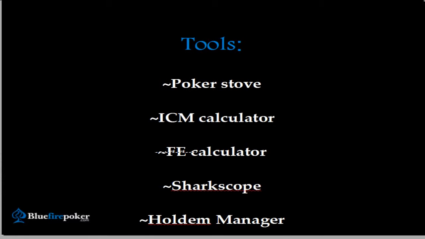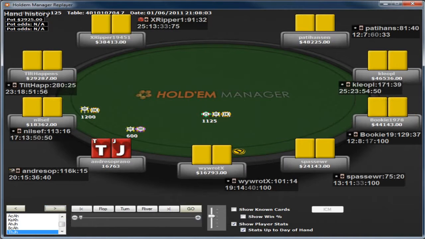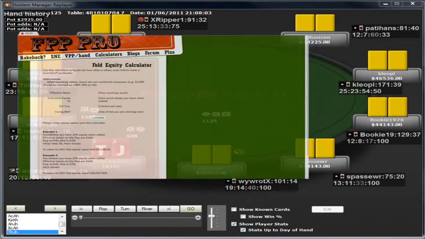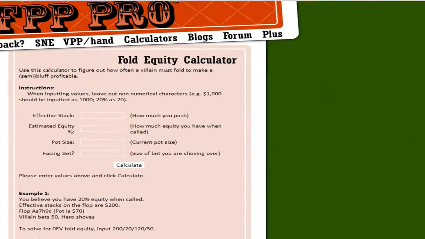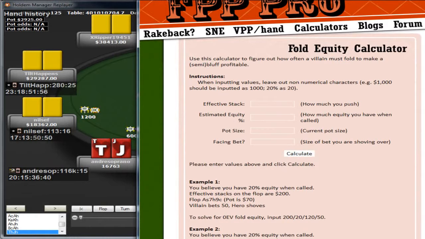Now, the equity calculator. This is a wonderful tool that not many people use, and it has helped me a lot, and it has allowed me to show my students many things that we could have more problem to explaining had we not had this tool available.